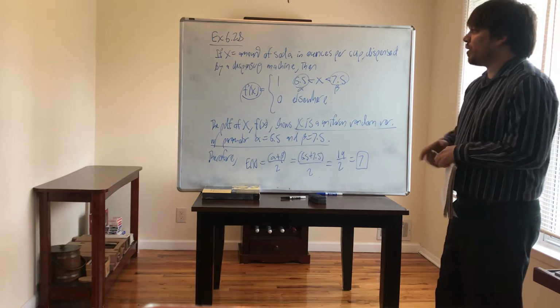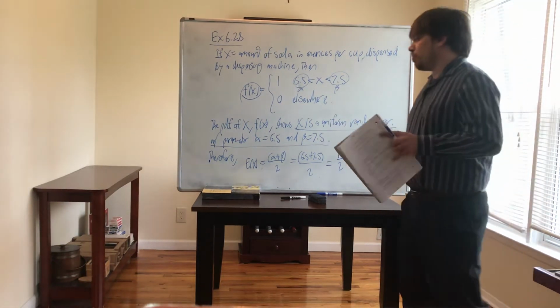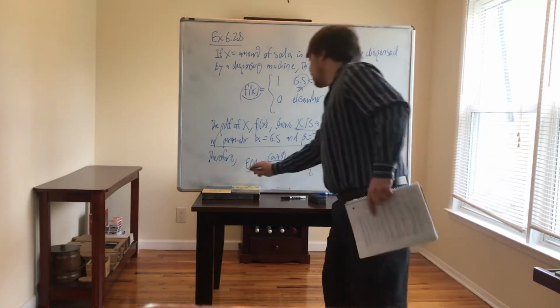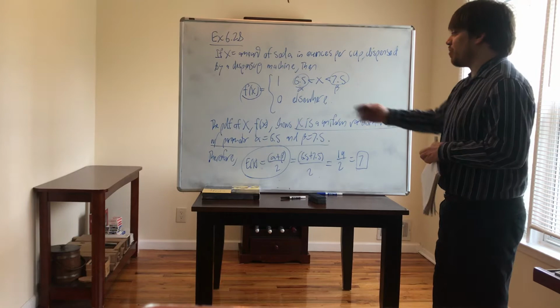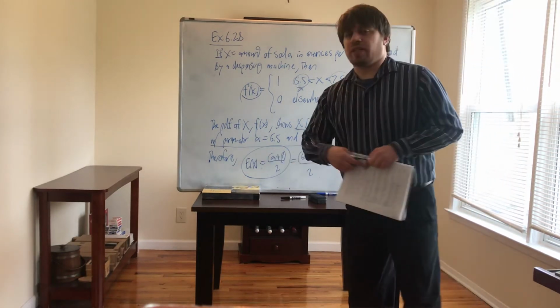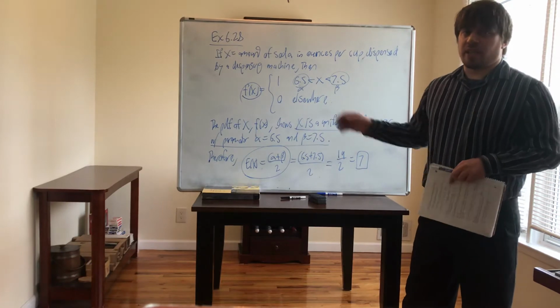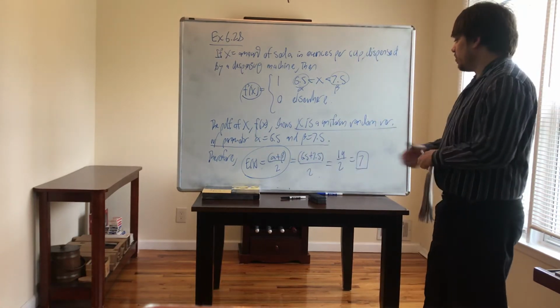Okay? And so for each of these three previous problems, including this one, the problem basically boiled down to knowing what type of random variable you have, and then what the formula is for the expected value of that type of random variable, and just plugging in the values given in the problem.